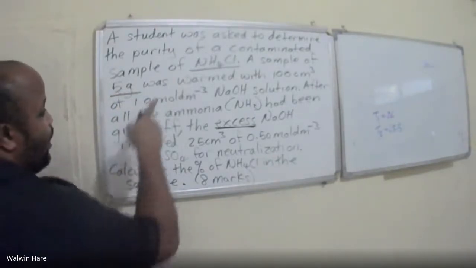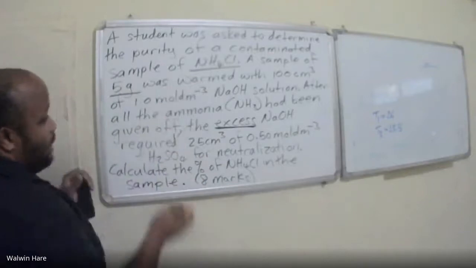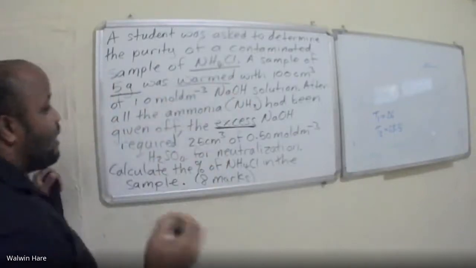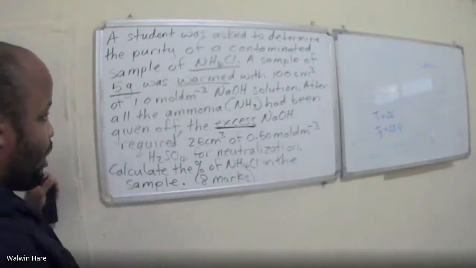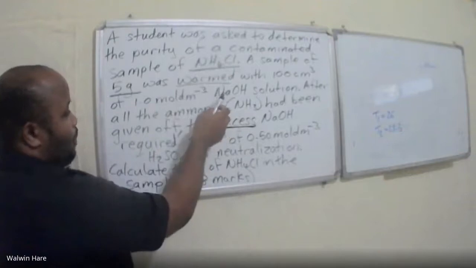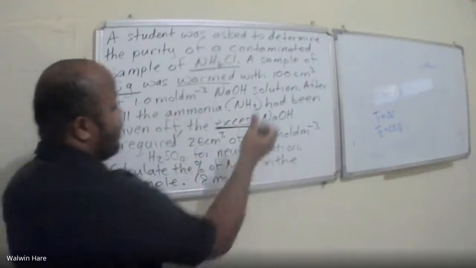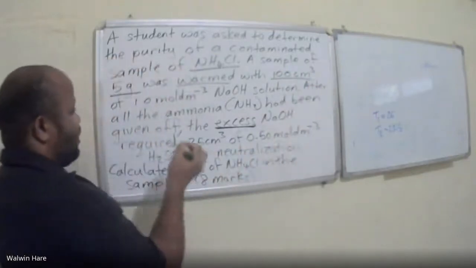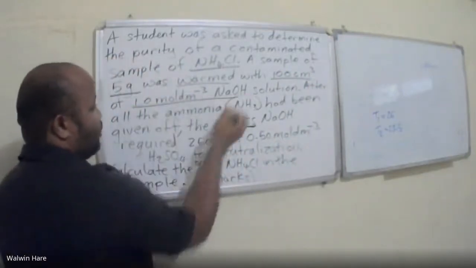Next now, we reacted, so when they say a sample of it was warmed, that is actually the reaction. So it's between ammonium chloride and sodium hydroxide. And they gave us the volume of sodium hydroxide and the concentration.